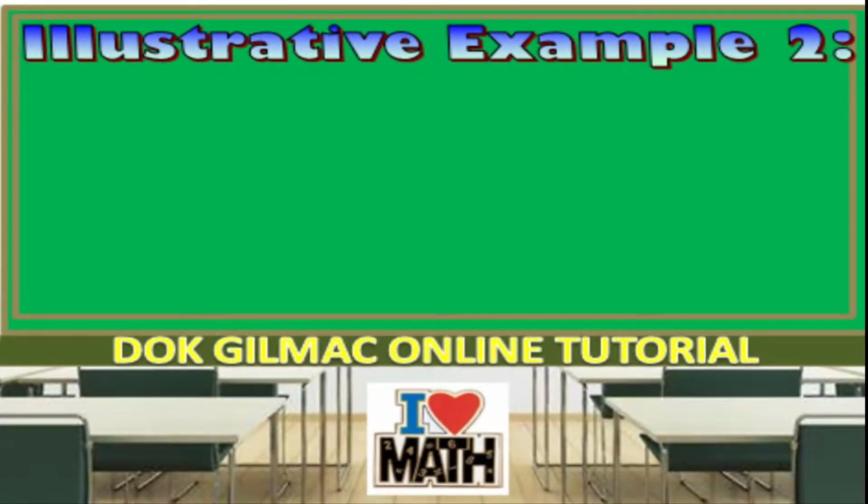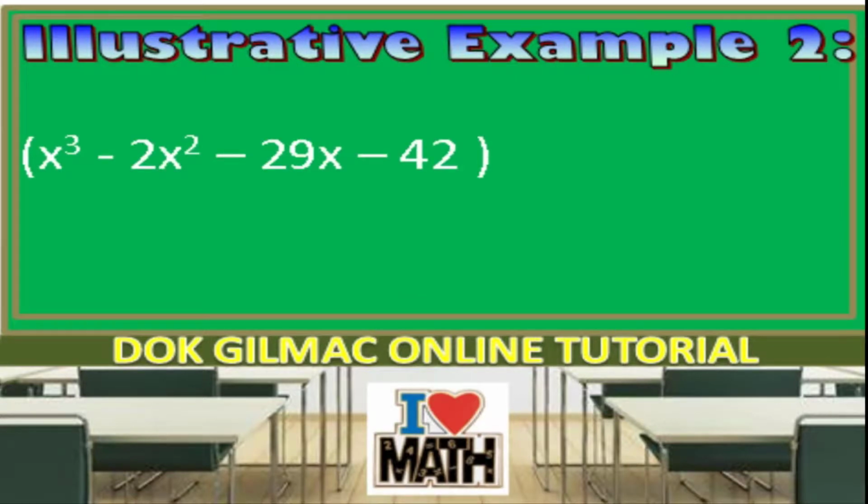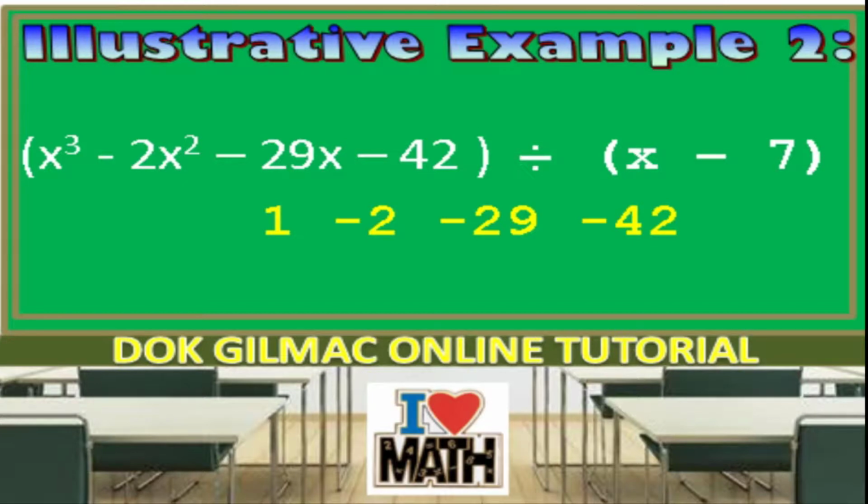Consider illustrative example number 2. x cubed minus 2x squared minus 29x minus 42 divided by x minus 7. Again, consider the numerical coefficients of the given polynomial. So we have 1, negative 2, negative 29, negative 42.